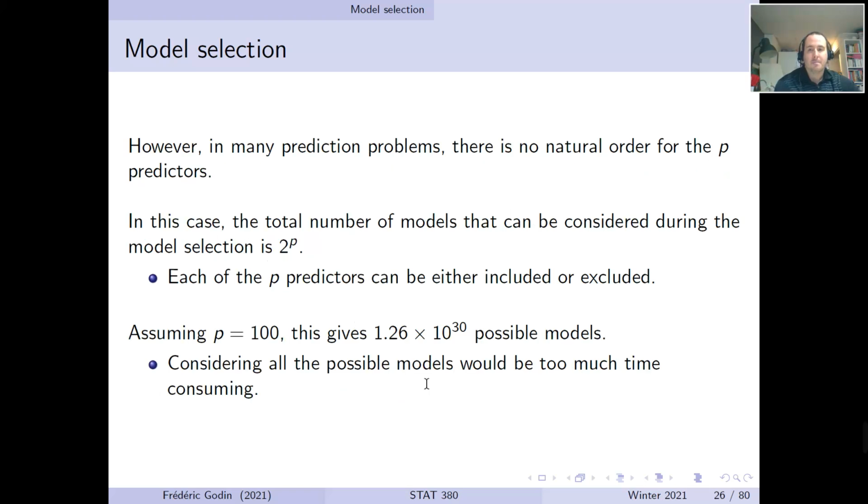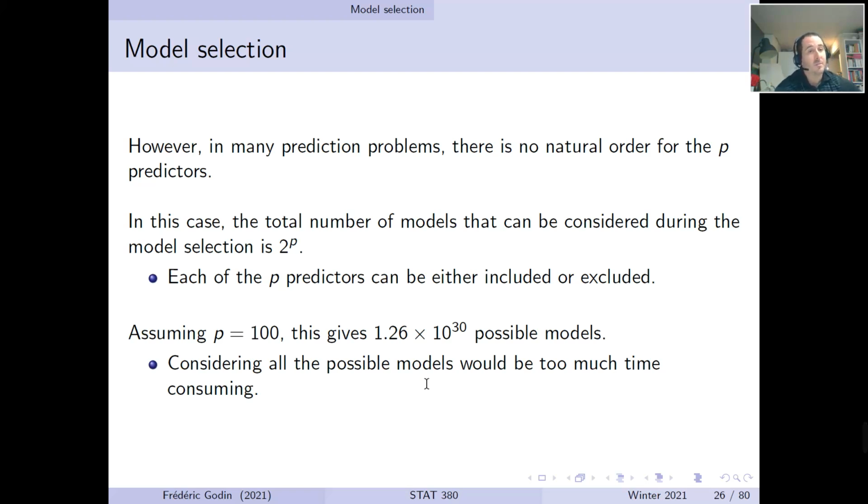But in many prediction problems, let's say you have a linear regression, there's no natural order for predictors. If, for example, you want to predict the height of somebody and you use as predictors his age, his gender, and the length of his arm, there's no natural order for the predictors. The first predictor to include might be only the age, it might be only the length of an arm, it might be only the gender.